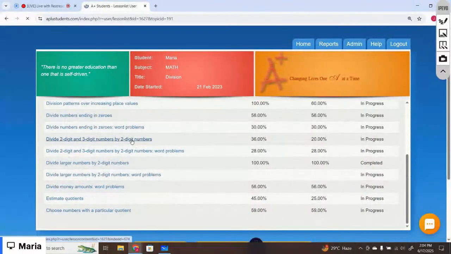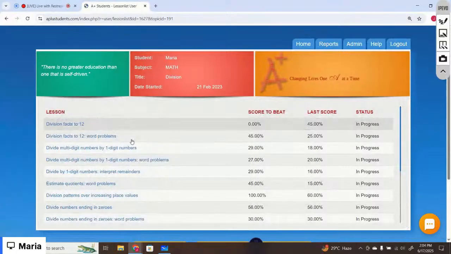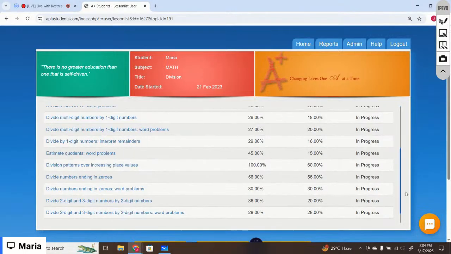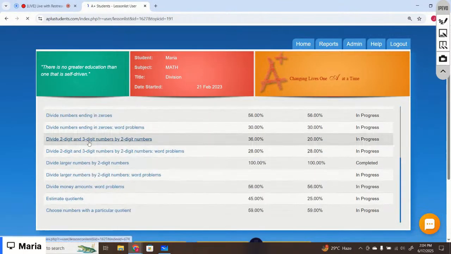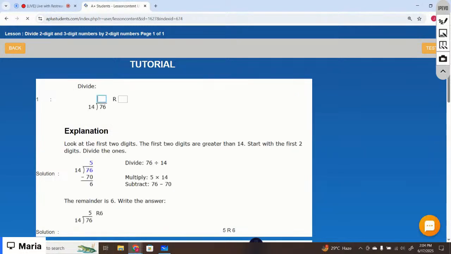The lesson we're going to start with is divide two-digit numbers by two-digit numbers.